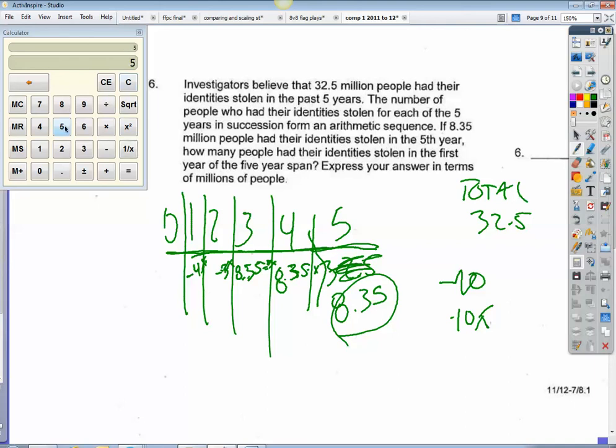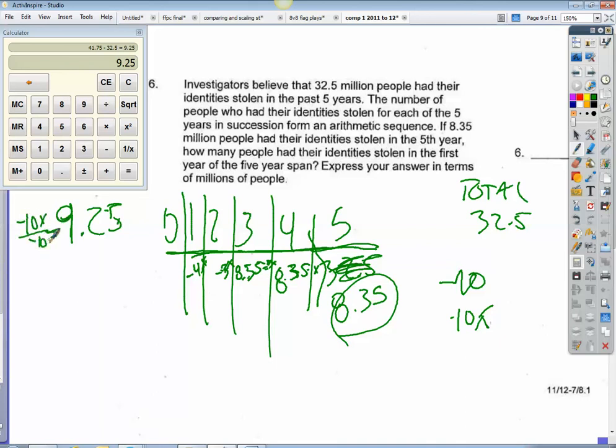So 8.35 times 5 equals that, minus the number of people who are the total. That's 32.5. So I get 9.25 as my result is equal to negative 10x.